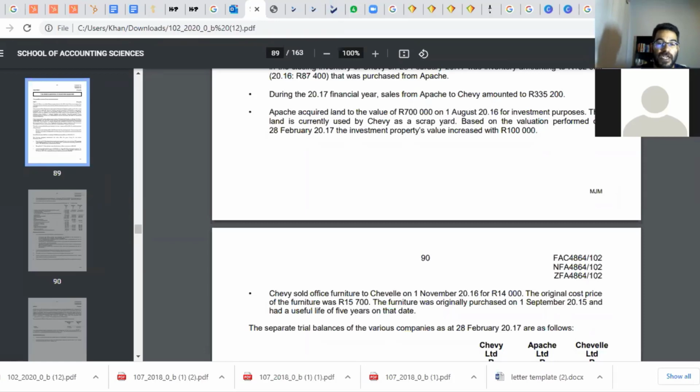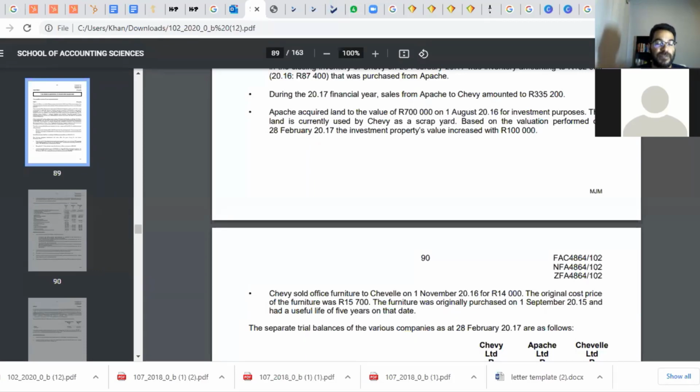So just remember that. This is going to be a typical thing that you must be aware of. You need to ask yourself, who is using or how is this asset being held or used or utilized by the group? So keep in mind, from a separate legal entity point of view, from a non-group perspective, this property is held as investment property.